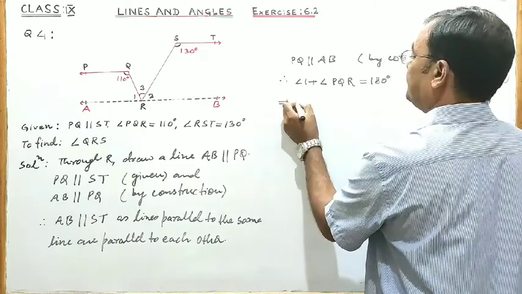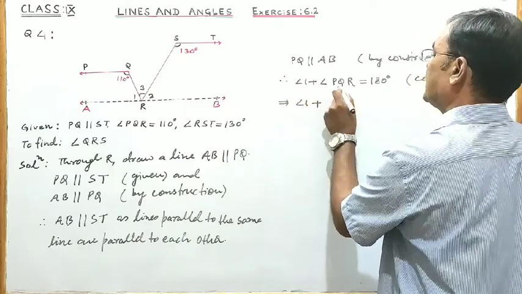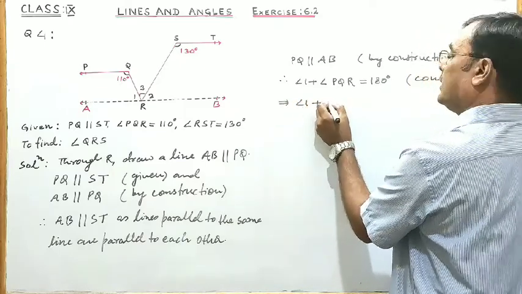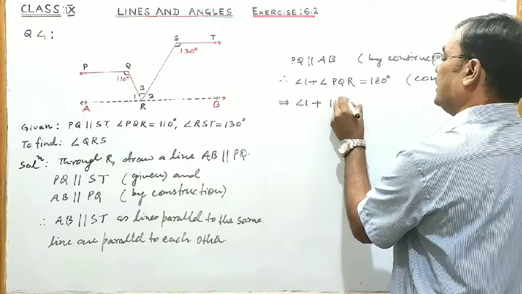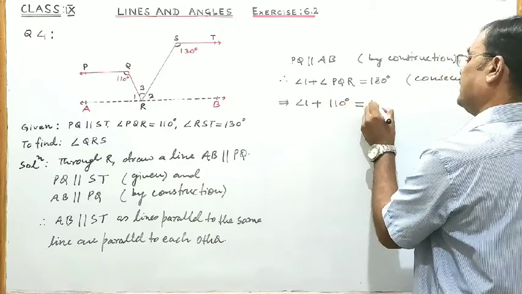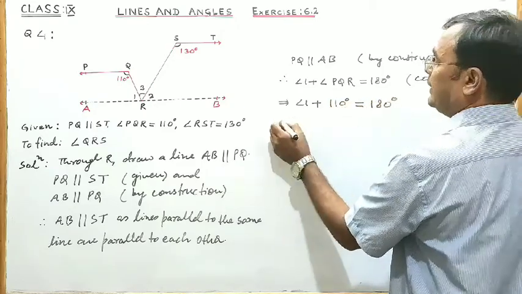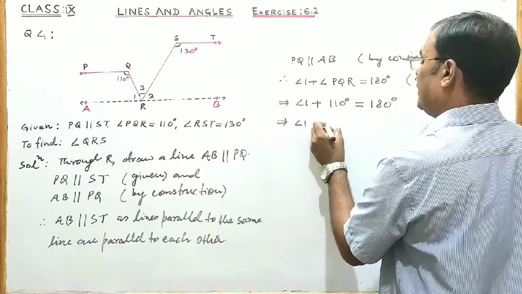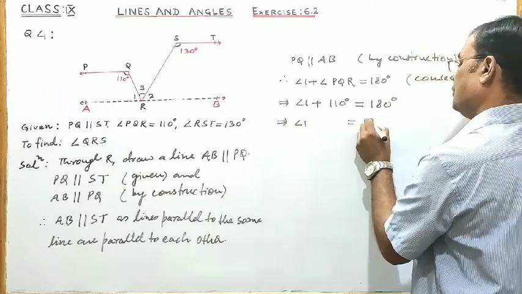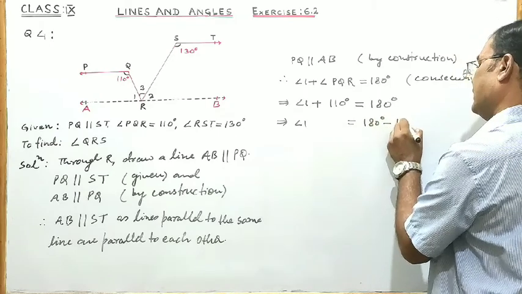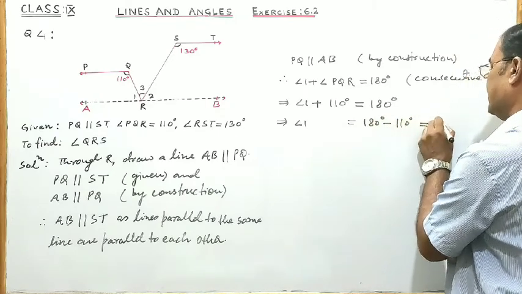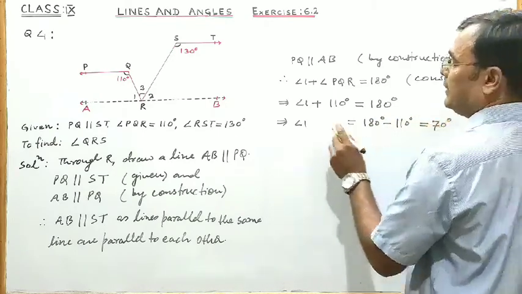This implies angle 1 plus angle PQR 110 degrees equal to 180 degrees. So angle 1 is equal to 180 degrees minus 110 degrees equal to 70 degrees.